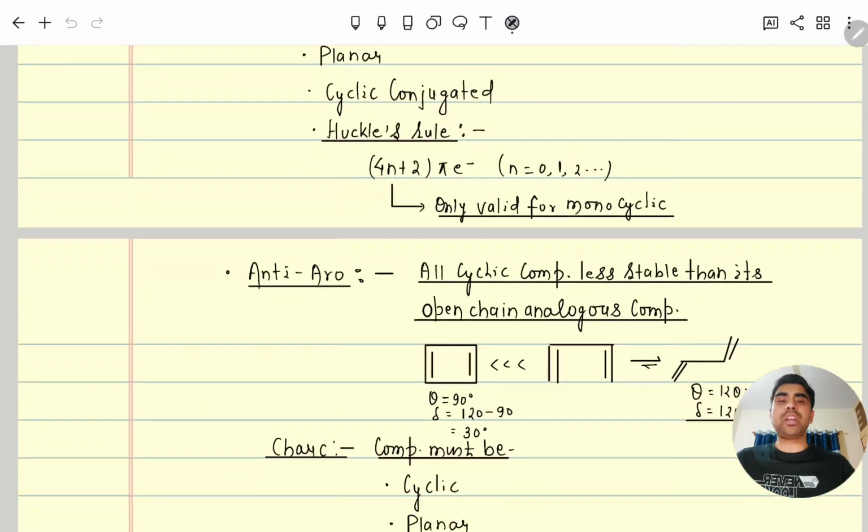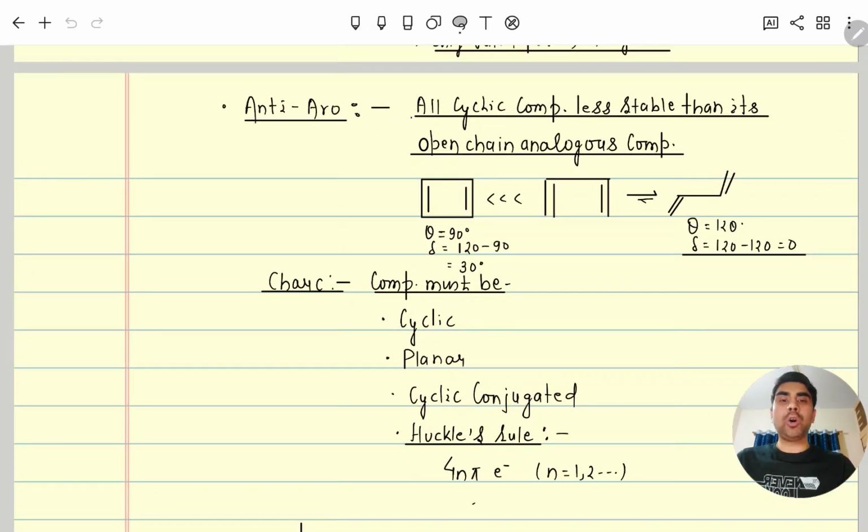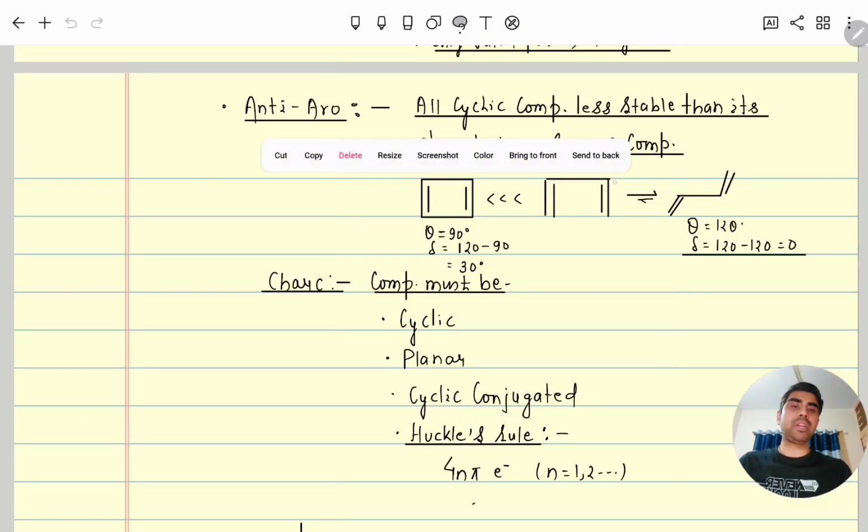Next, anti-aromatic compounds. Anti-aromatic compounds are all cyclic compounds which are less stable than their open chain analogous compounds. Like here you can see 4 carbons, here also 4 carbons, 2 double bonds, 2 double bonds. So the open analogous compound is more stable than this cyclic compound. Why? Because it can do flipping and form this.